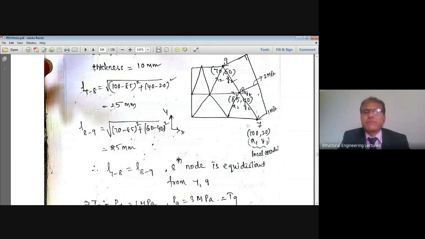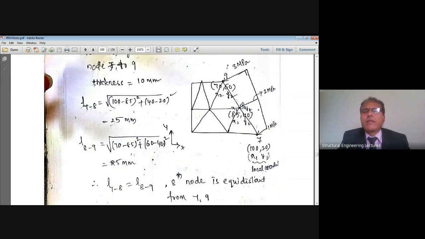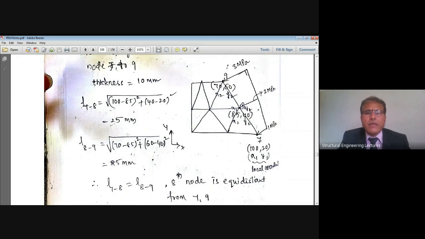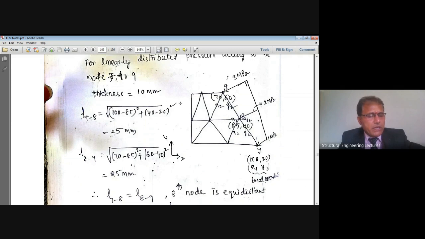That of node 7 in mm is 100, 20, that of the 8th is 85, 40, and that of the 9th is 70, 60. All the dimensions are in mm, students, and the thickness of this 2D continuum is 10 mm.